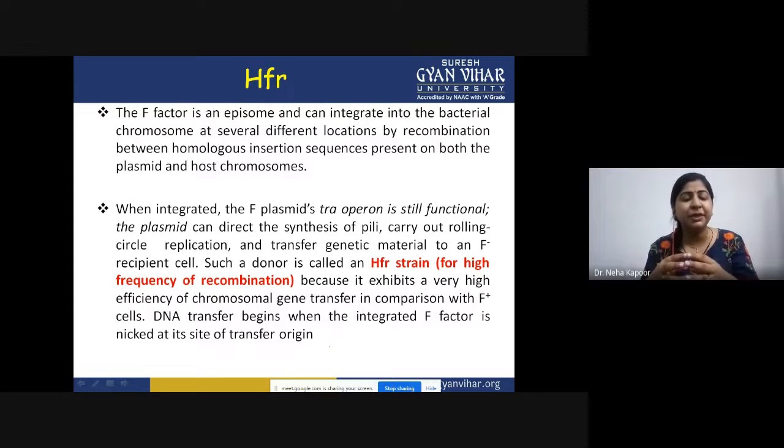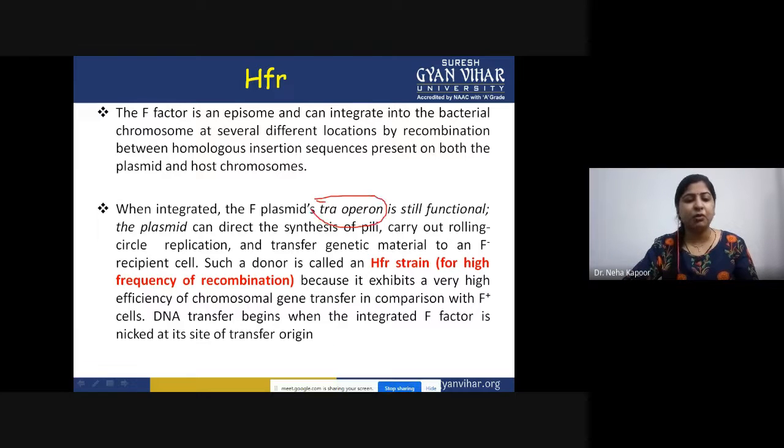That is why they are being stably integrated and expressed. Once this plasmid is integrated, the tra operon of the F plasmid still remains functional even if it is integrated inside the bacterial genome. That tra operon basically codes for genes that are responsible for transfer. That is why we call it the tra operon.